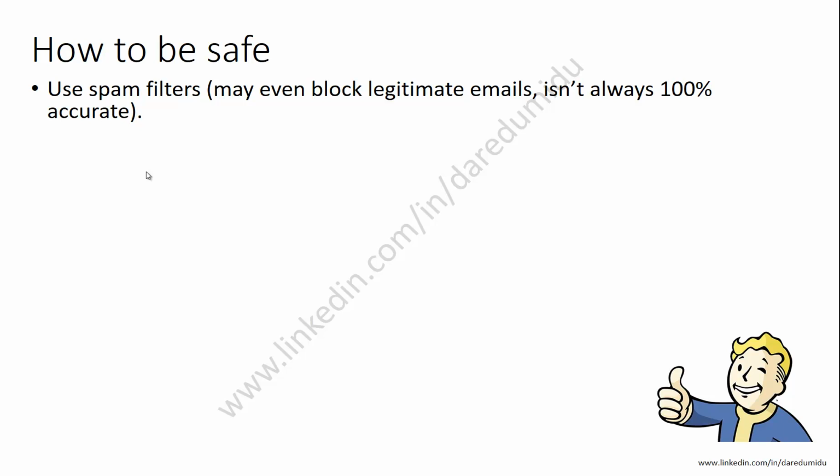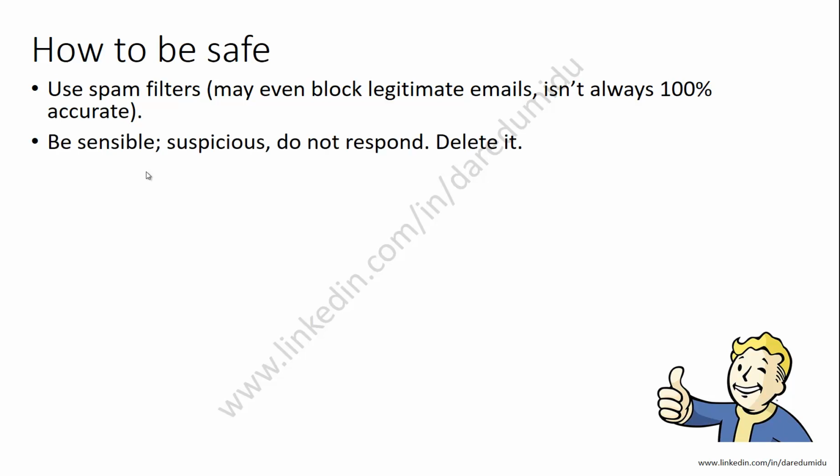Maybe some spam emails or phishing emails could slip through these spam filters and come to your inbox, and your legitimate emails could end up in the spam folder. So you should always check your spam folder as well, in case one of your legitimate emails is in the spam folder.